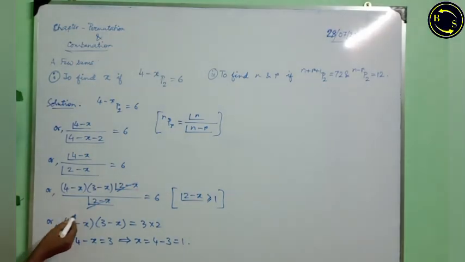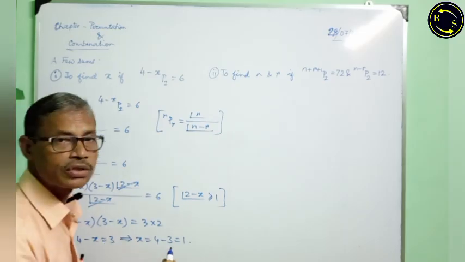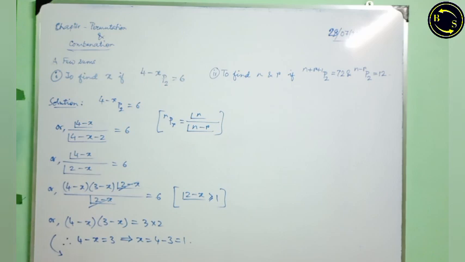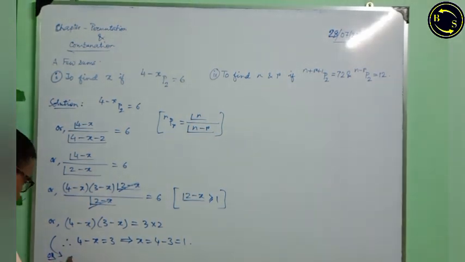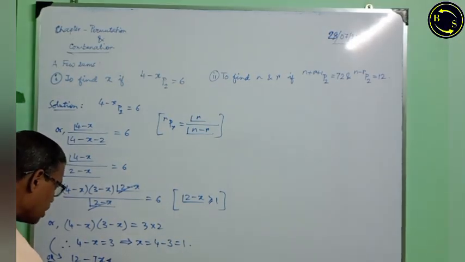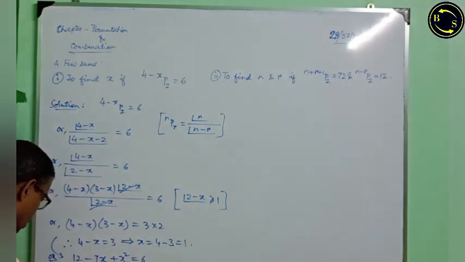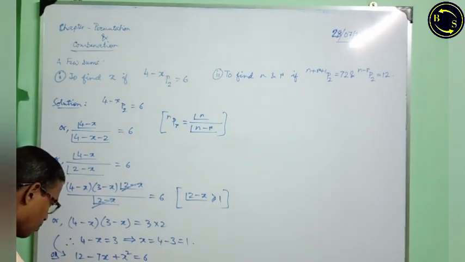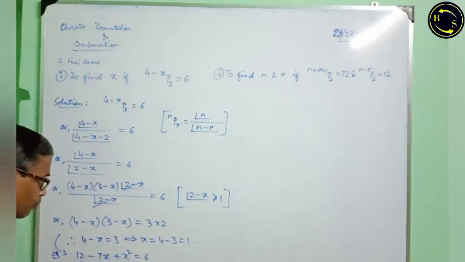Also, since it is a quadratic equation, you can solve this equation by using the method of solving quadratic equations. 12 minus 7x plus x squared equal to 6, or x squared minus 7x plus 6 equal to 0.